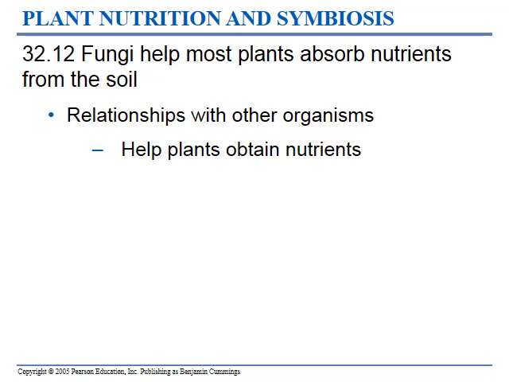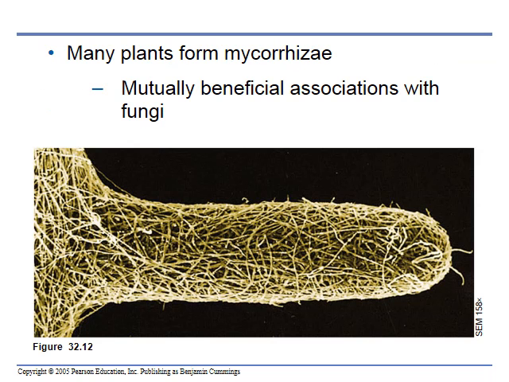Okay, so a fungus can help plants absorb nutrients from the soil, and these will be around the root hairs. So they form a symbiotic relationship with the plant. So here you can see the picture of that symbiotic relationship. You have what's called a mycorrhiza. It is a symbiotic relationship.